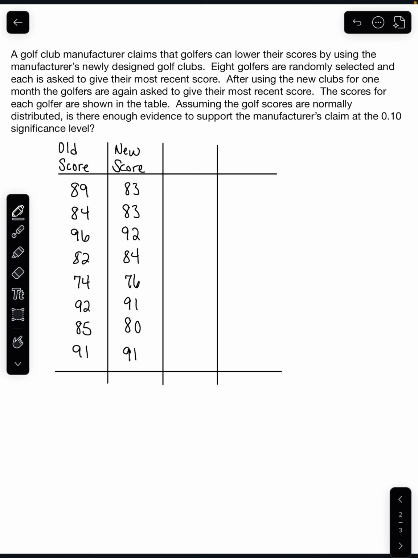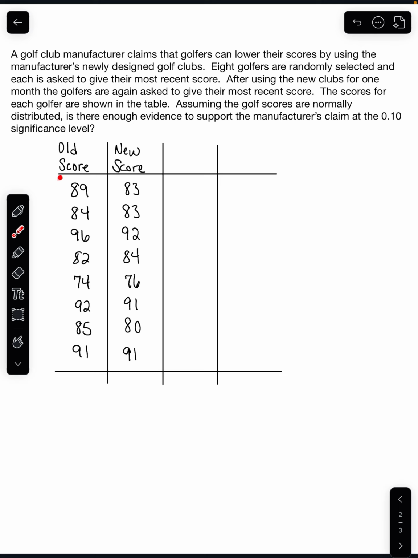So after using the new clubs for 1 month, we again go back and ask those same golfers, now what's your most recent score? Those scores are shown in the table, and we're going to assume the golf scores are normally distributed, which is a standard assumption to make. The question then is, is there enough evidence to support the manufacturer's claim? And we will be using a 0.10 significance level.